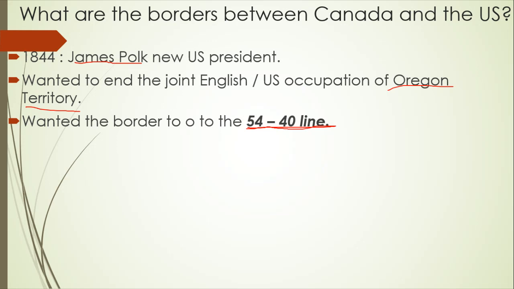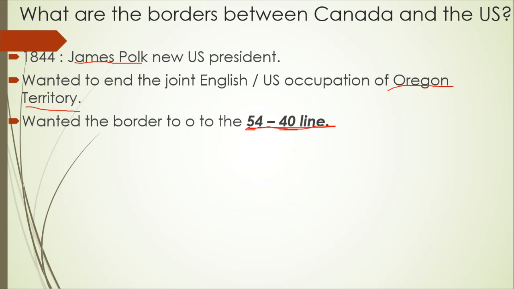And that line, if you remember from the last picture, is very, very far north. It is not the border we have today. But you might recall from lessons in the past, this is one of his campaign slogans. The campaign slogan was "54-40 or fight," meaning let's get this border with England, and we're willing to fight for it if we don't.